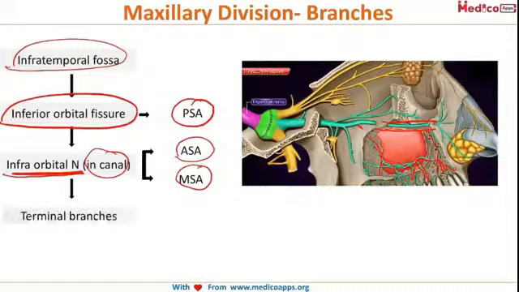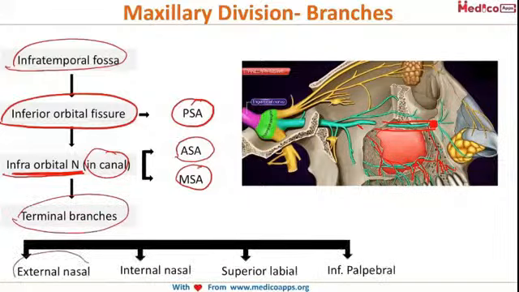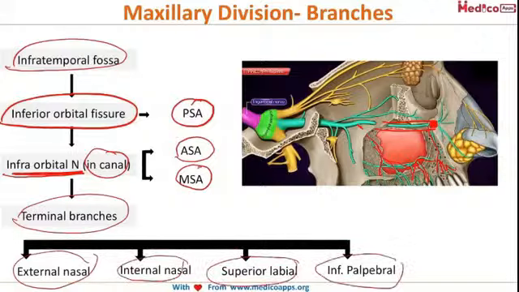From there the infraorbital nerve exits through the infraorbital foramen here, and it gives out its terminal branches. The terminal branches are external nasal, internal nasal, superior labial and inferior palpebral. So this is the inferior palpebral, external nasal, internal nasal and superior labial branches.